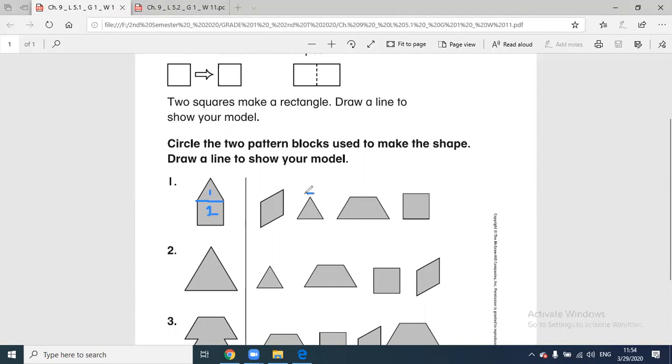Yes, triangle. What is number two? Square, yes. So I have to circle square and triangle. So this shape is formed of triangle and square. Okay? And number two.